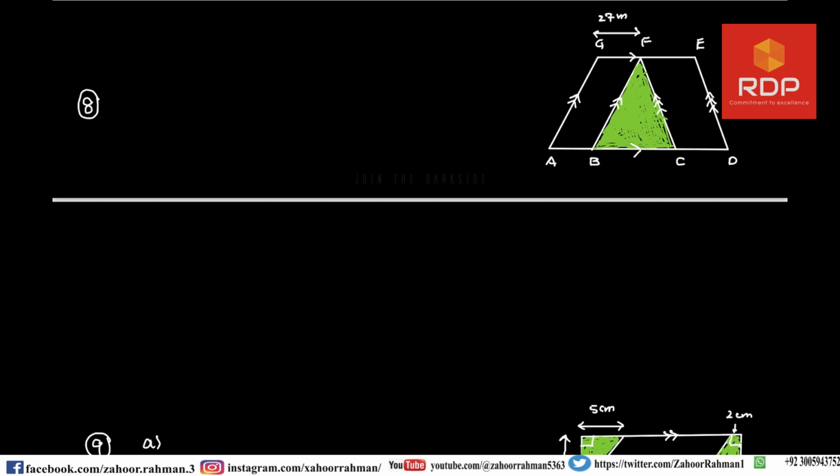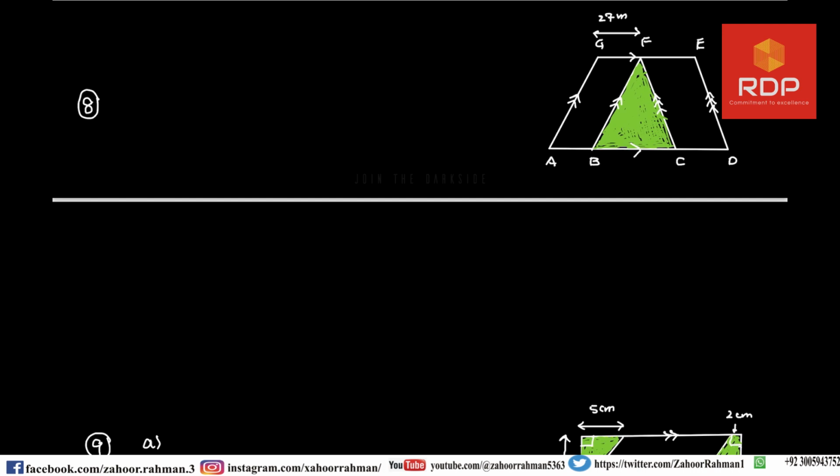Okay, they are saying that FB is equal to CD, and you can see that FB is equal to CD. AB is equal to CD is equal to EF is equal to FG is equal to 1 over 2 of BC. Find the area of the shaded region.